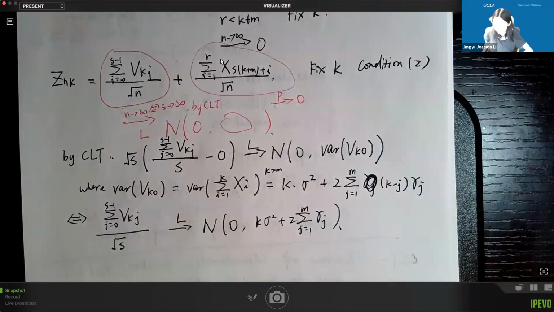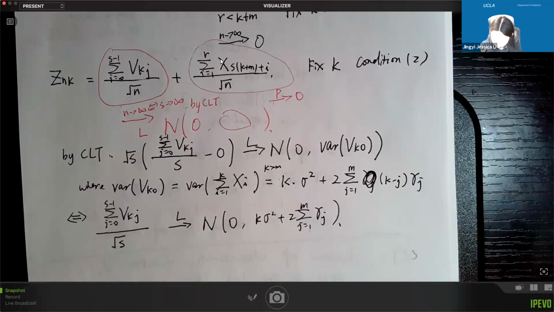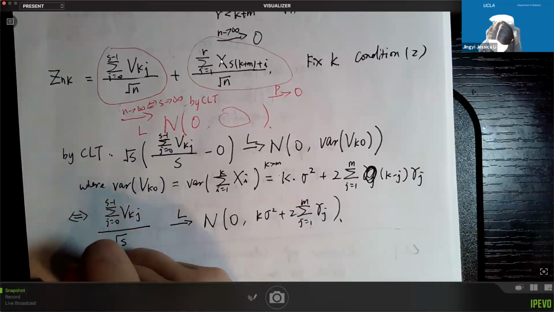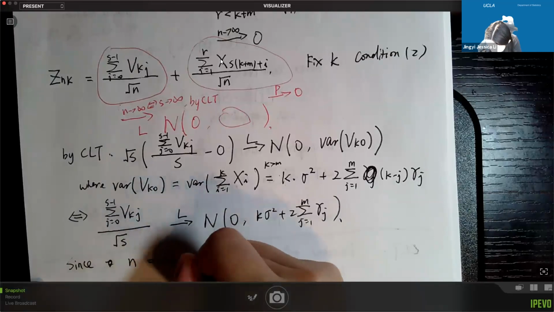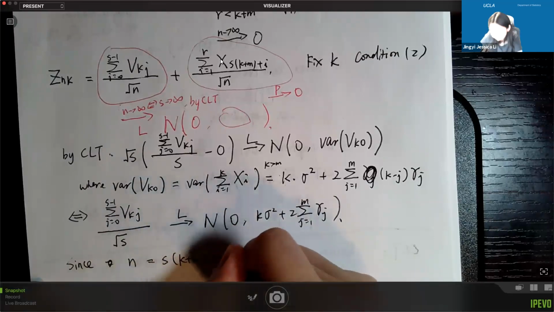And so coming back to here, I need to change the denominator from root s to root n. But now as I have k plus m fixed, I'm going to write this again: n equals s times k plus m plus r.